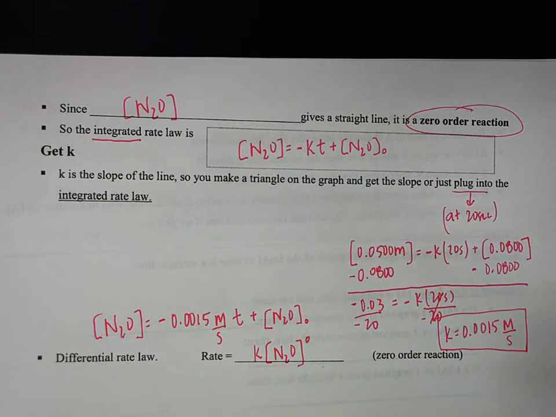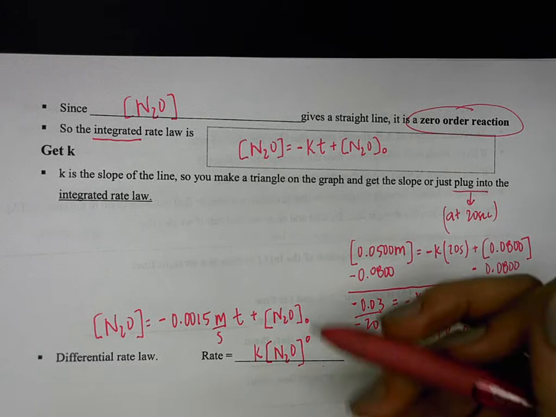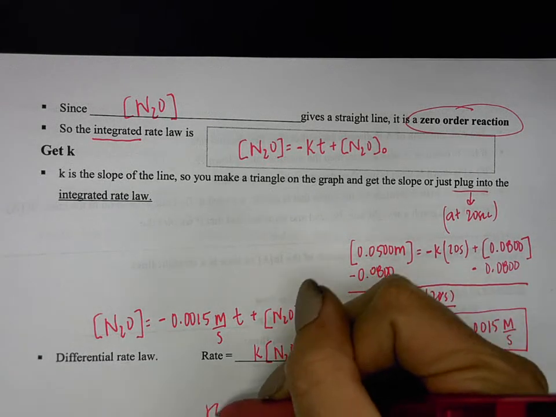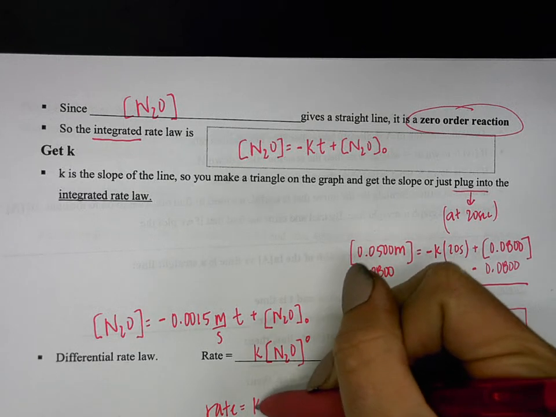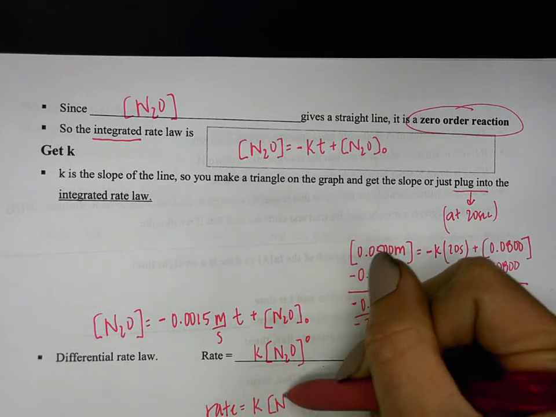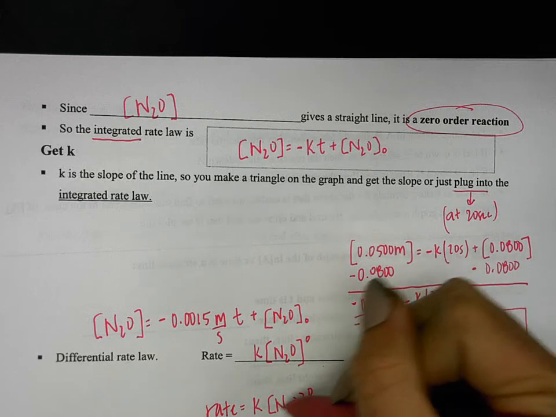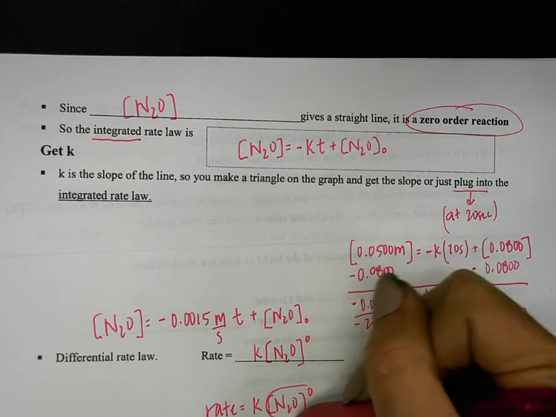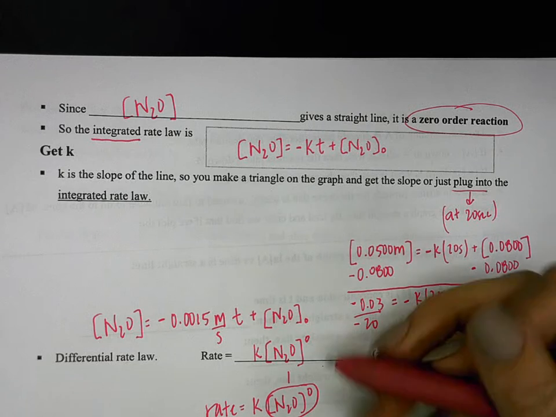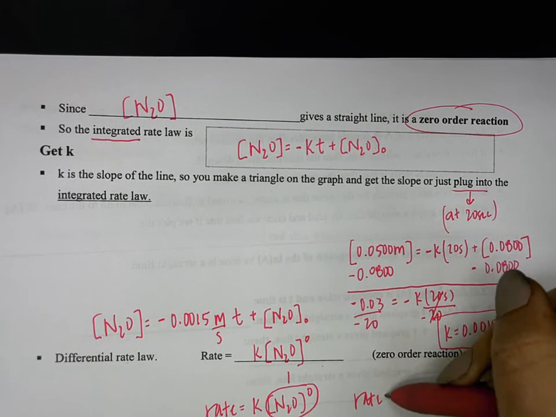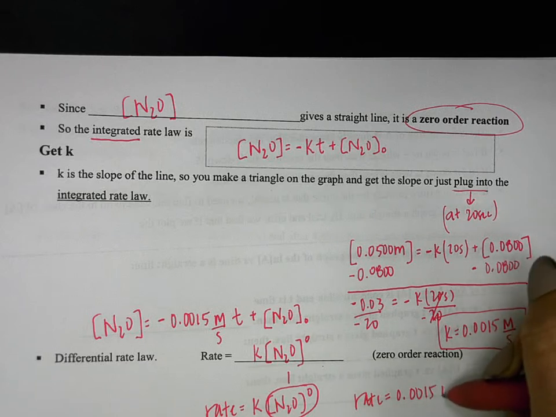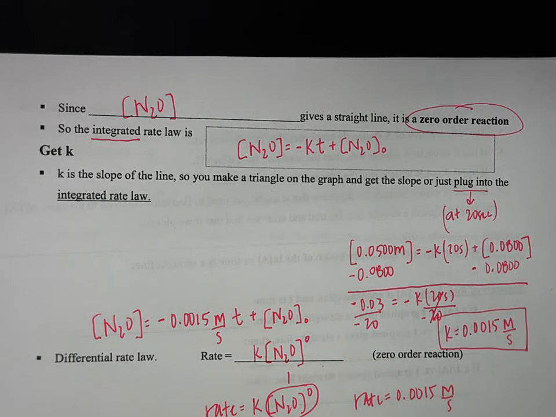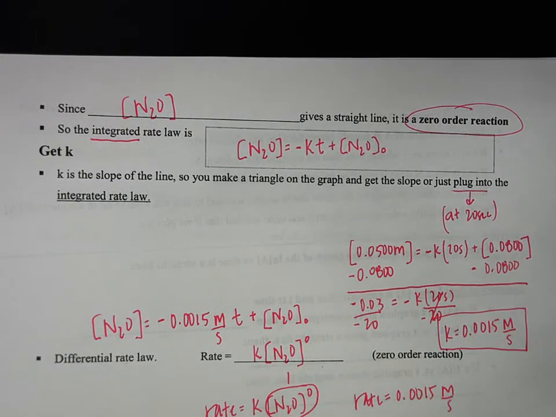So when we're solving this for a zero order reaction, our rate is in essence equal to our K constant, because this N2O raised to the 0 power is equal to 1. So our rate is 0.0015 molarity per second. That would be our differential rate. I mean, it's equal, right? We wouldn't need that part of it.